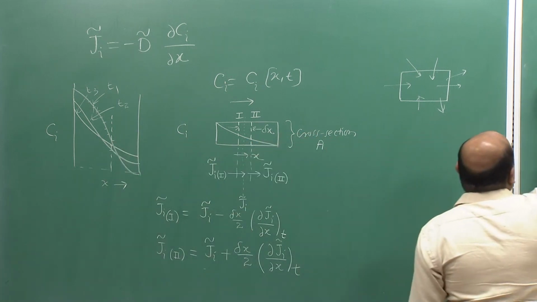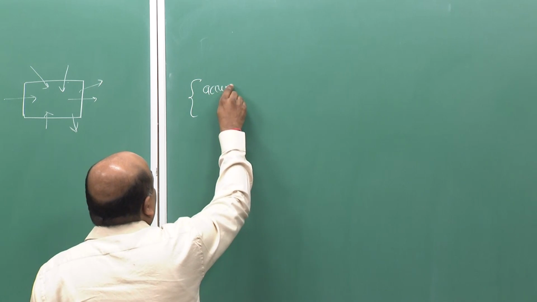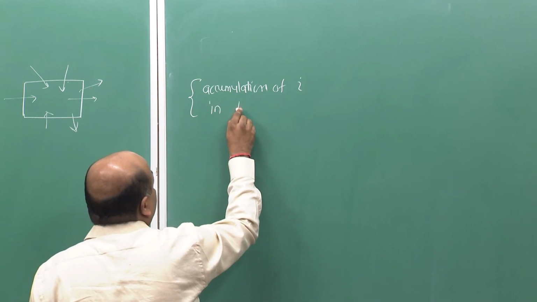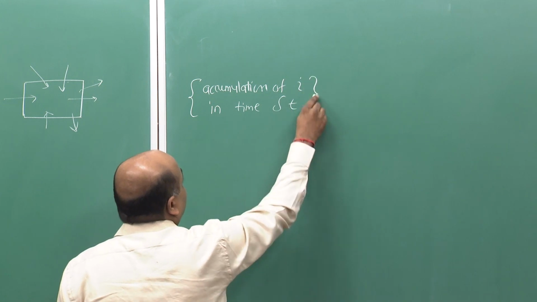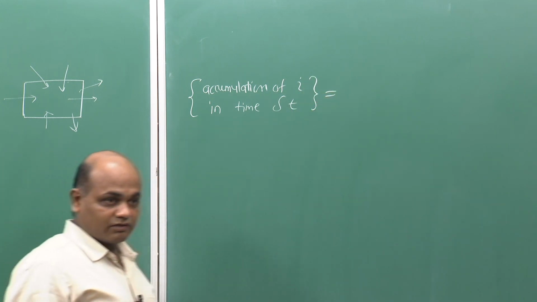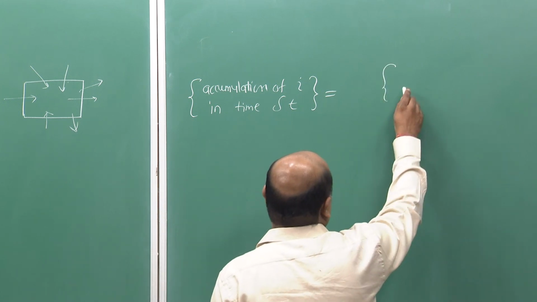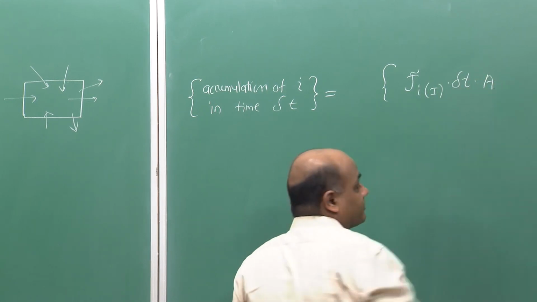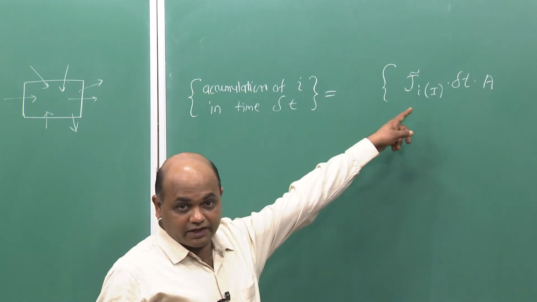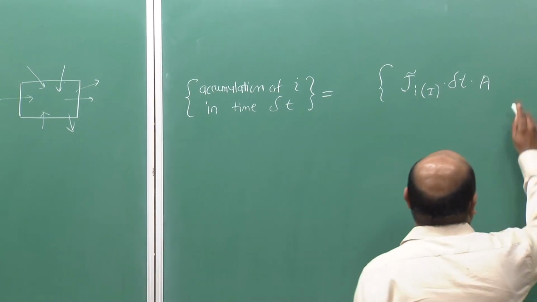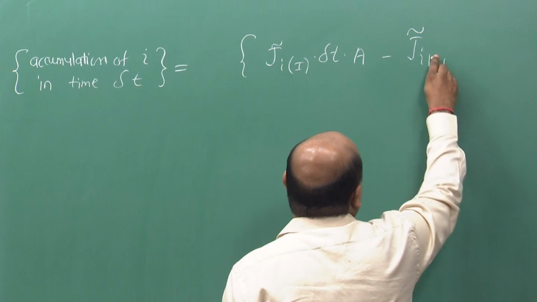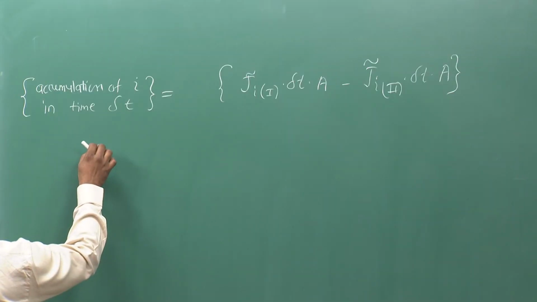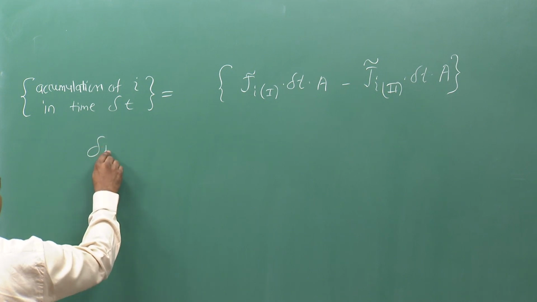So, if I write this equation, accumulation of I in small time interval delta t should be equal to inflow minus outflow, and what will the inflow be? J I tilde at 1 times delta t times A, right, because the flux is per unit area per unit time, minus J I tilde at 2 times delta t times A.